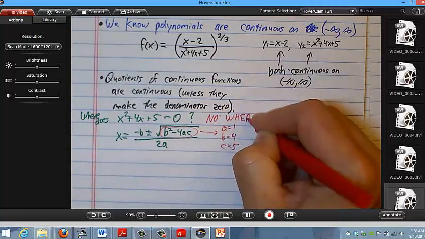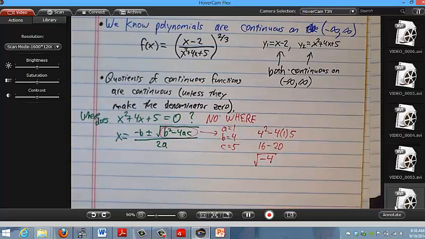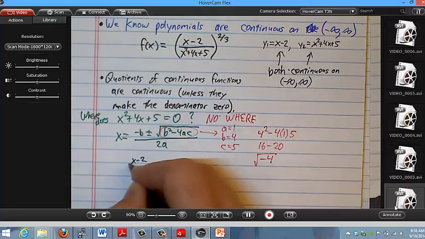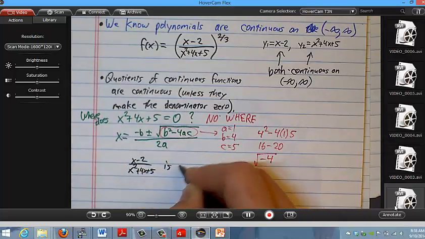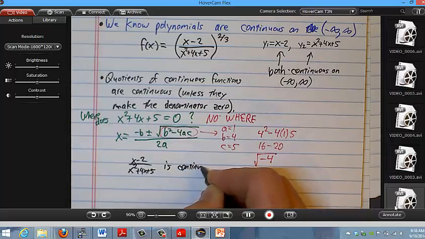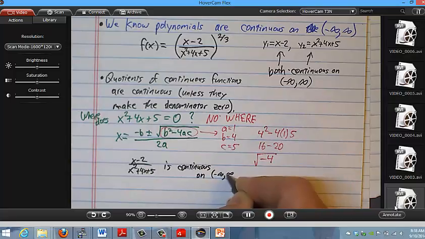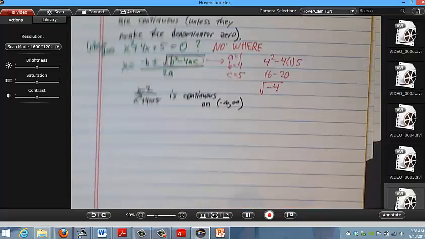That doesn't happen anywhere. And so now what can I say about that big fraction? x minus 2 over x squared plus 4x plus 5 is continuous on the whole real line.